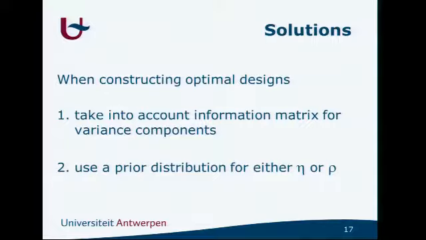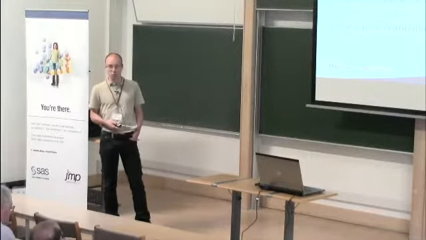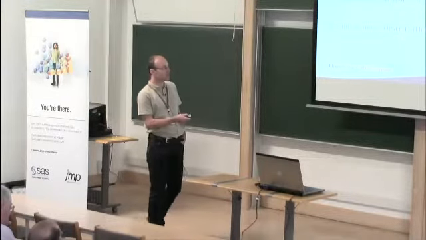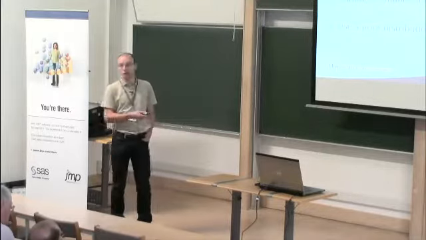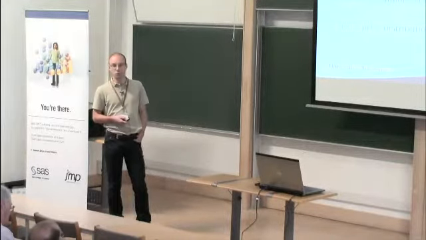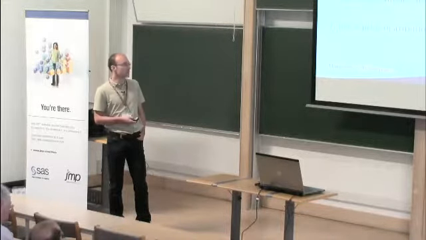And to solve the problem of the dependence on eta, well, we can, instead of using a point prior guess for the eta value, use a Bayesian approach, or I should say a pseudo-Bayesian approach, or a semi-Bayesian approach, or a robust design approach, involving a prior distribution for eta or for the intra-class correlation coefficient rho, to try to reduce the dependence of the design on the exact eta value that we use.